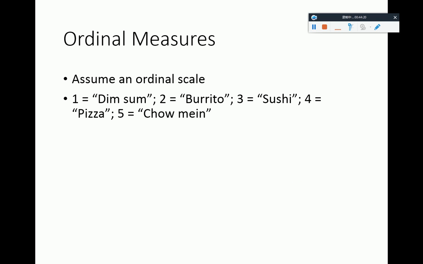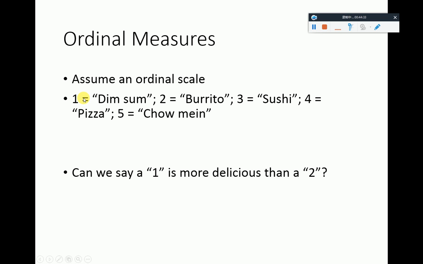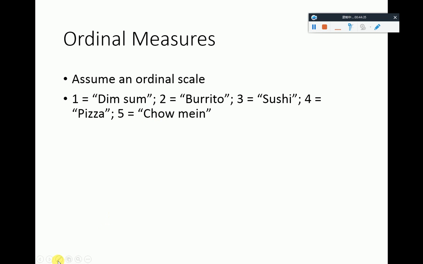So, just to reinforce this idea, we assume that we're going to use a 1 to 5 measure. Here the example is like this. We assume that 1 is most delicious and 5 is least delicious.